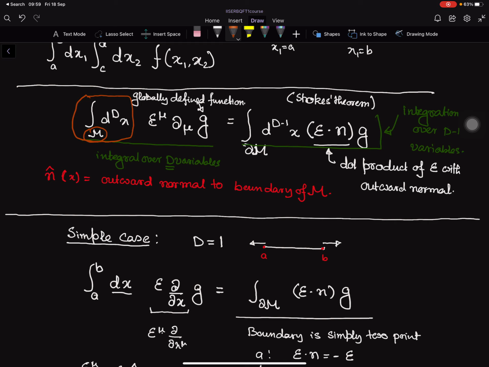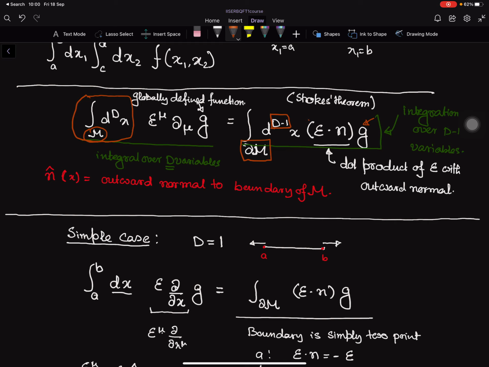Then the statement is that this maps to doing the integral over d minus 1 variables, which you now integrate only over the boundary of that region. So you forget about most of the region and you just restrict to the boundary. And then what you integrate is the thing that was inside the derivative, which is g.